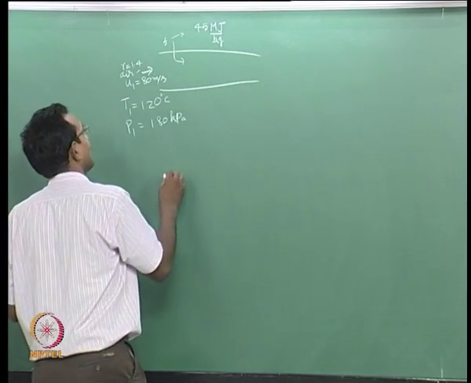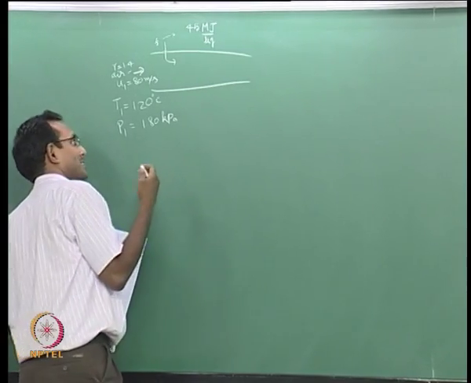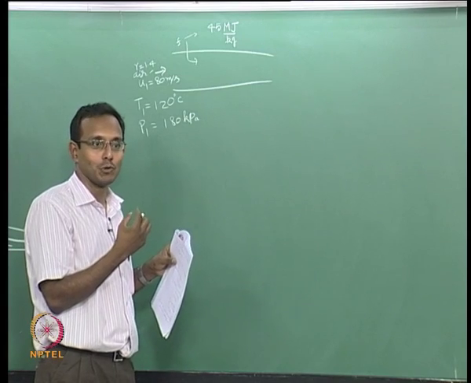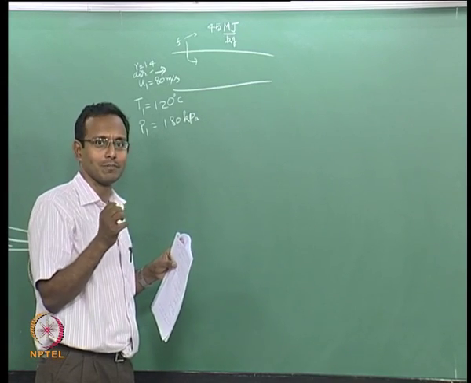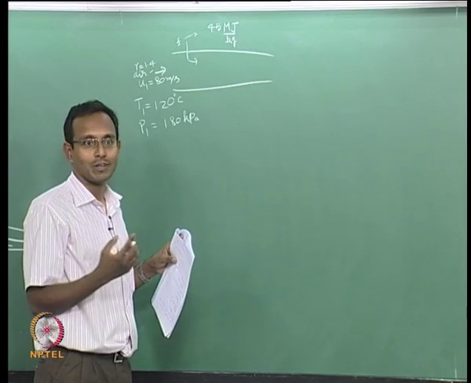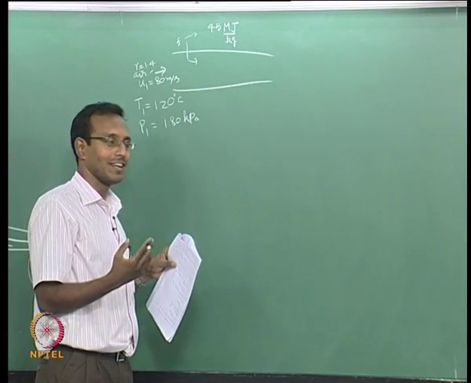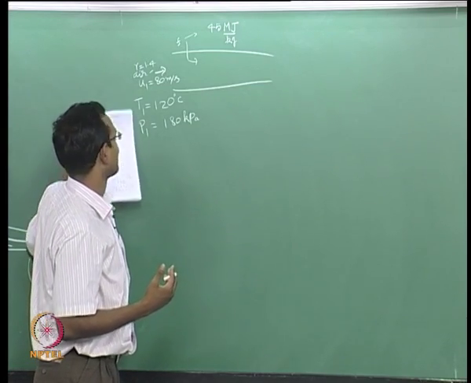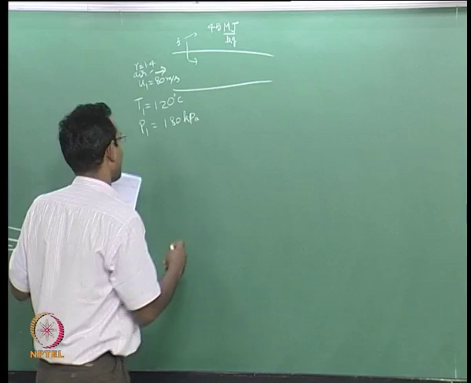Okay. So how will I start the problem? I just have to find T naught star, right. I want to find the maximum heat added, that is Q max I have to find, which is related to T naught star minus T naught 1. So I need to find T naught star. For that I need to know some parameter at the inlet. The easiest thing for us is the Mach number. So we will find the Mach number here.